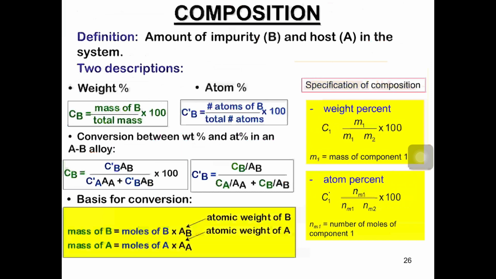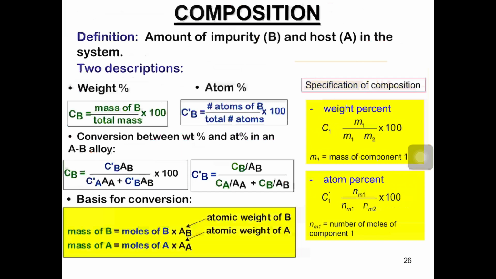For weight percentage, C_B for impurity B is the mass of B divided by the total mass, multiplied by 100. You get the percentage the same way for atoms.